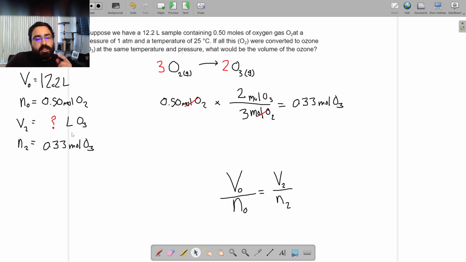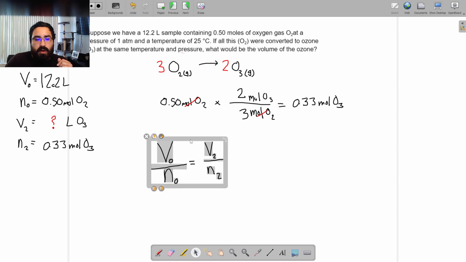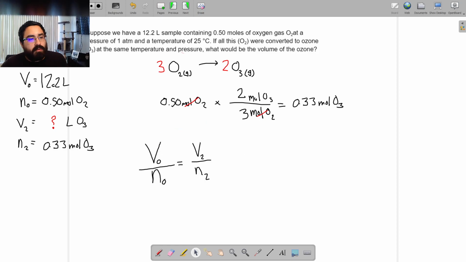Now what we need to do is find the volume. And we're going to use this equation here, we're going to use Avogadro's law to solve for it. So let's plug our values in. So we got 12.2 liters right here at the top, and then the moles of oxygen at the bottom. All right, and then this is equal to the volume, which we don't know.